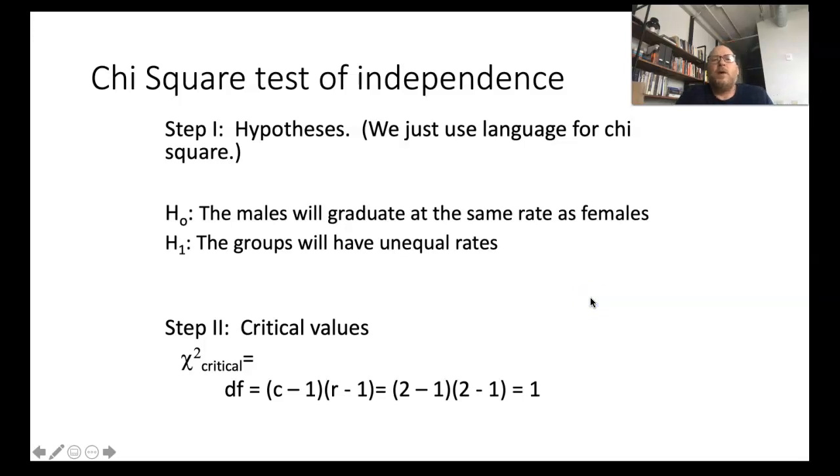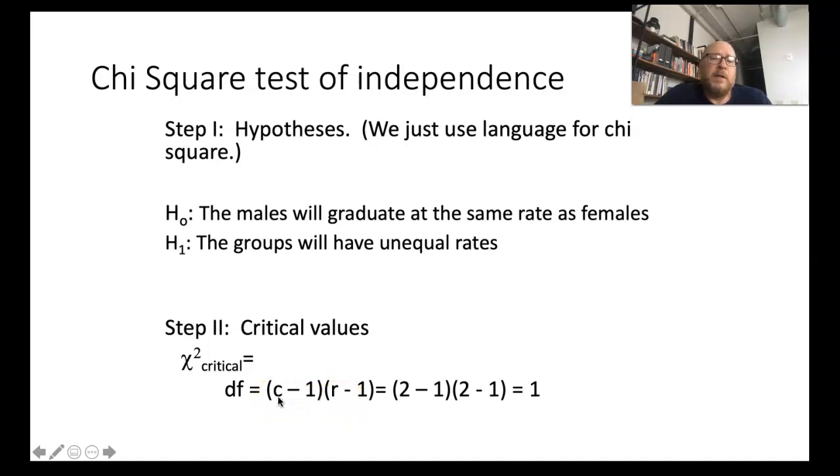All right, so for the null hypothesis, I'm going to say males will graduate at the same rate as females. And then for the alternative, I'm going to say the groups will graduate at unequal rates. For my critical values here, I have C minus 1 times R minus 1. And again, that's going to be columns.